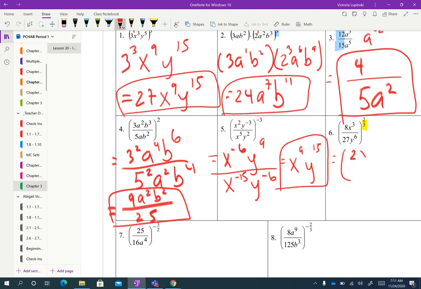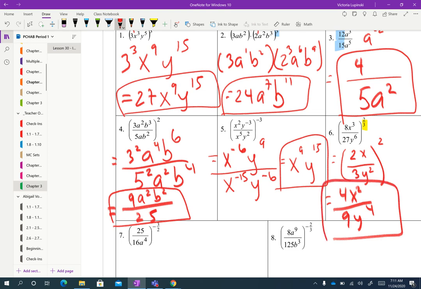The cube root of x cubed is x. The cube root of 27 is 3, and the cube root of y to the 6th is y squared. And again, that only applied the 3 in the denominator, so everything technically is still squared. So then square the 2, you get a 4, x squared, over 9, y to the 4th.